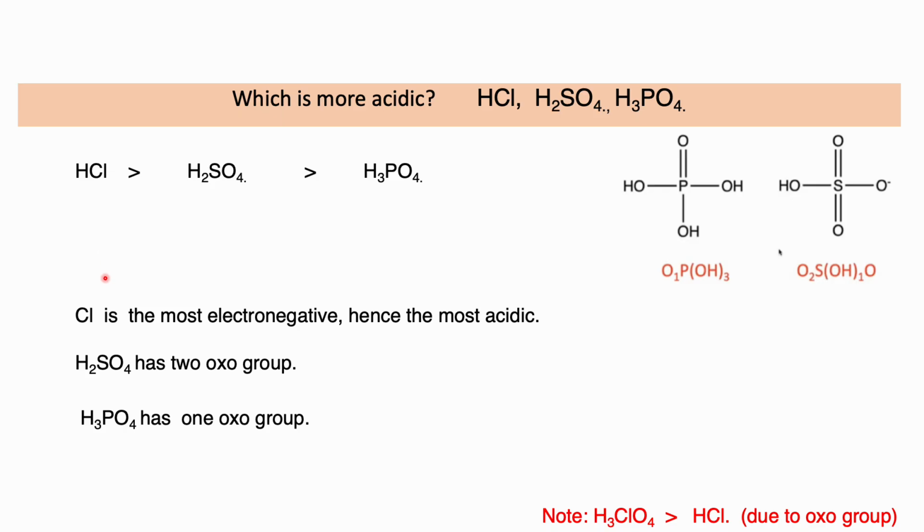Okay, so ma'am, hindi po ba lagi ina-apply ang oxo trend, no? No, unless all your acids have an oxo group on it. Okay? Ang mauna lagi is your electronegativity. Okay?